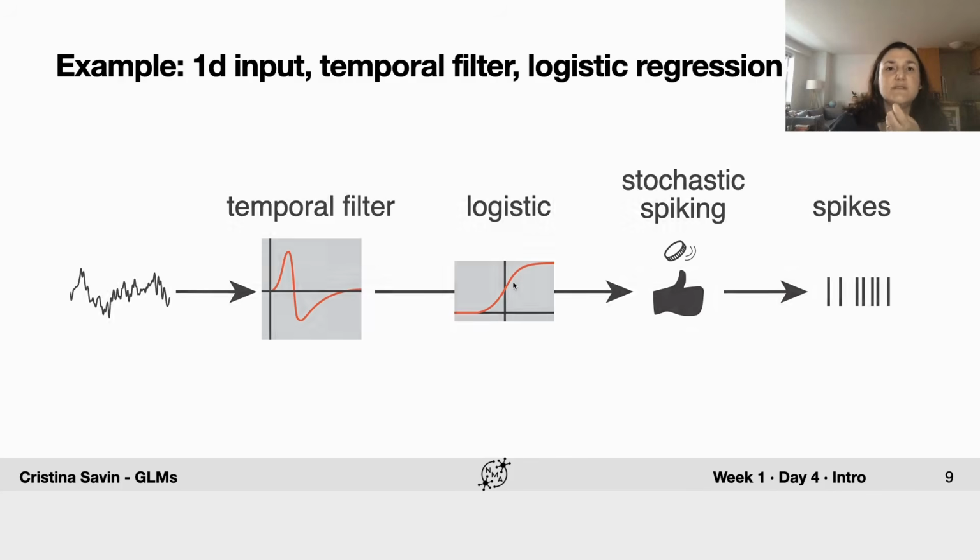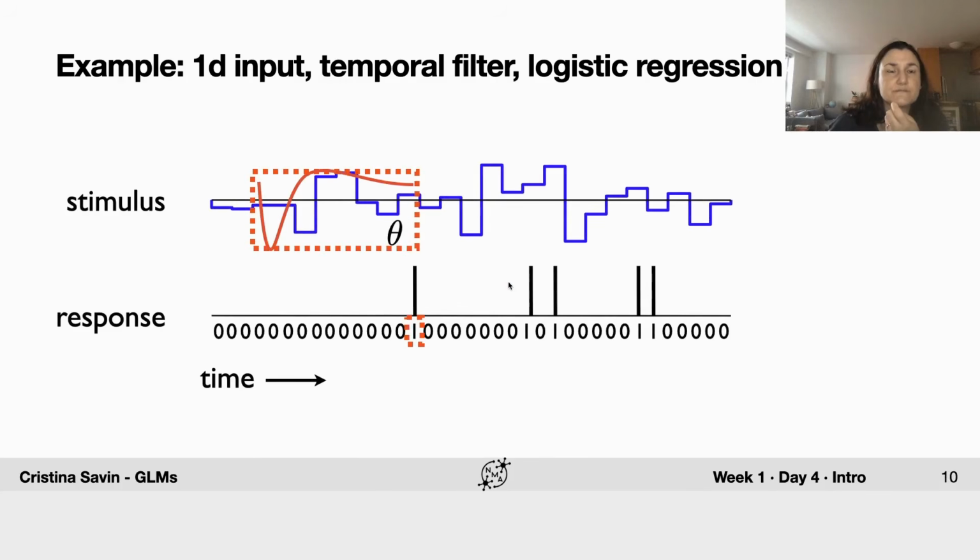Okay, so let's look at this in even more detail. So here we have in blue a particular trace of the stimulus. Below we have the sequence of corresponding binary outputs. The model assumes that the responses of the neuron at time t are determined by stimuli in a, say, 10 time step window before it. A temporal filter shown in red maps these neural responses into a linear output.